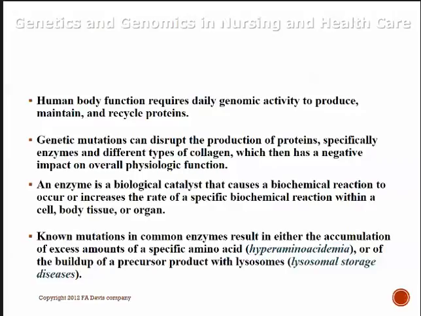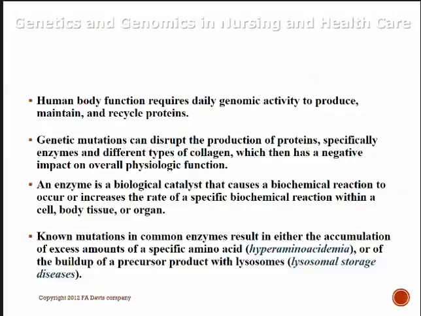It really relies on the cooperation of many systems to keep us balanced, and occasionally this process will be interrupted. Perhaps mutations will disrupt the production of proteins, specific enzymes and different types of collagen. Then there's a negative impact on the overall physiologic function of the body.